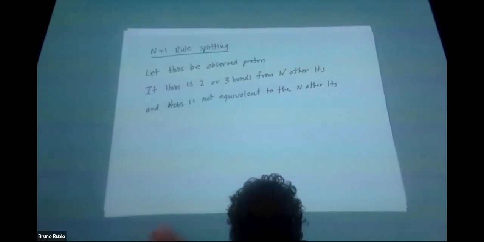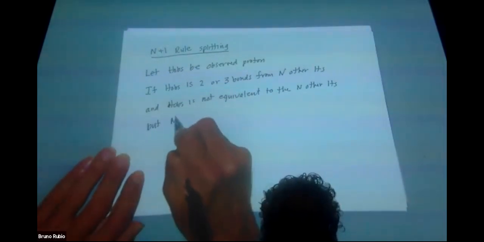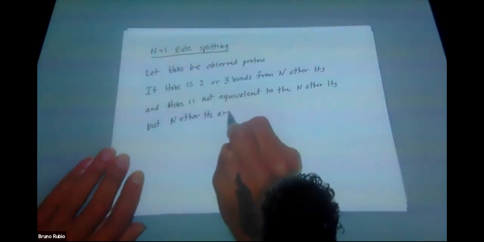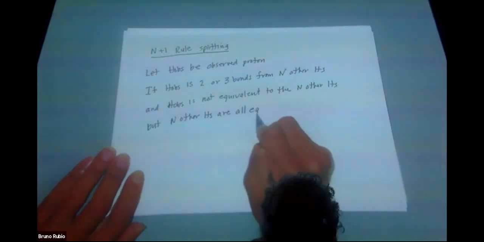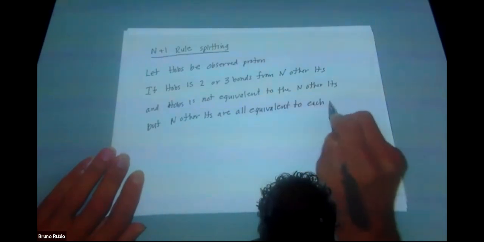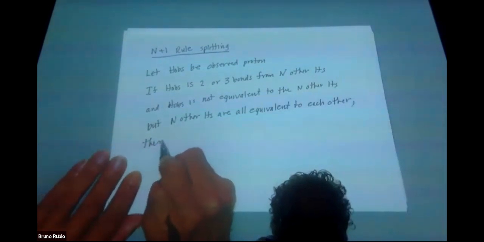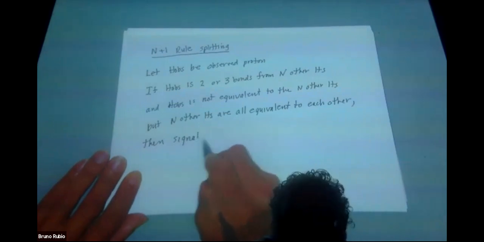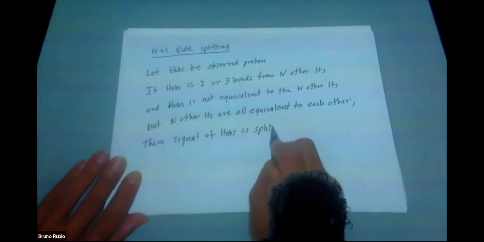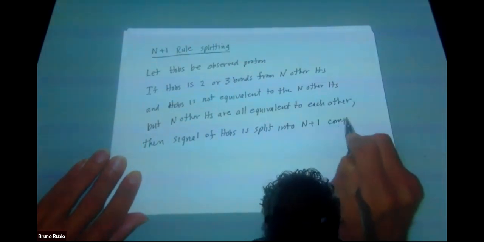If the H observed isn't equivalent to the N other protons, but the N other protons are all equivalent to each other, comma, then the signal of H observed is split into N plus 1 components.